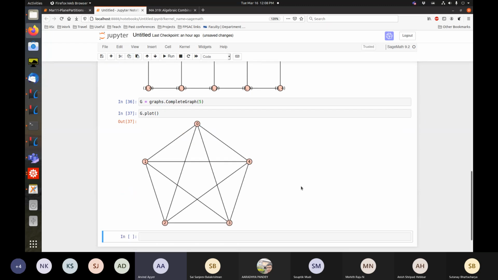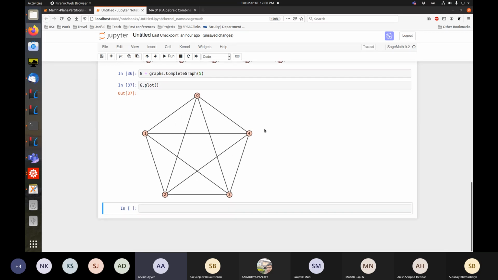This is what it looks like. So by the way, if you have not realized it already, the complete graph Kn is the adjacency graph of the n simplex. If you know what that is, if you don't, it's okay. All right.